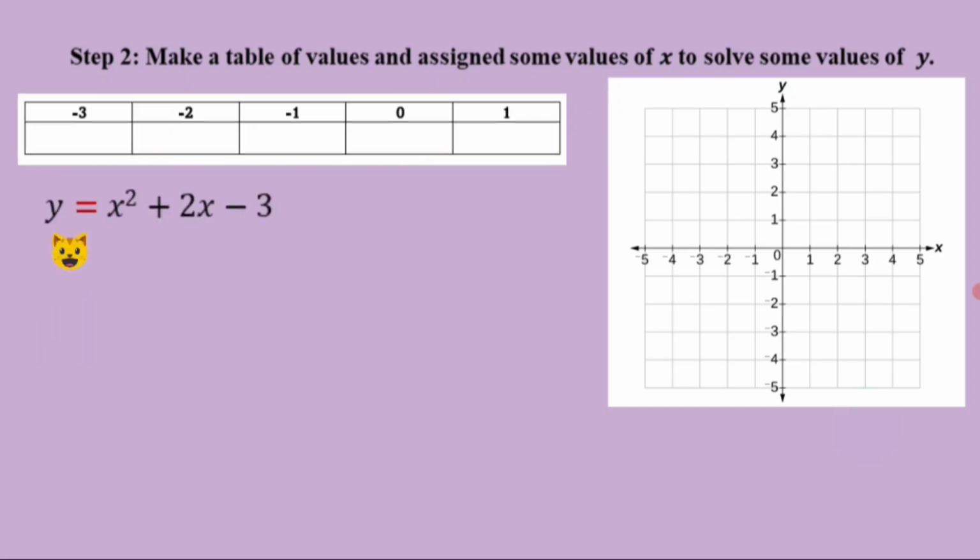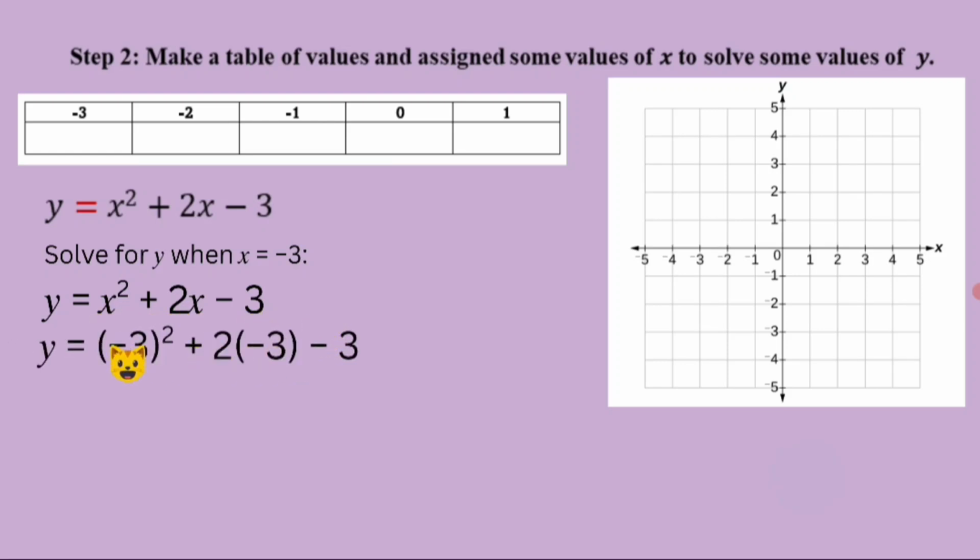Next, isolve natin yung negative 3. So, y equals x squared plus 2x minus 3. Substitute natin yung negative 3 dito sa equation na to. So, that will be y equals negative 3 squared plus 2 times negative 3 minus 3. And then, solve natin.